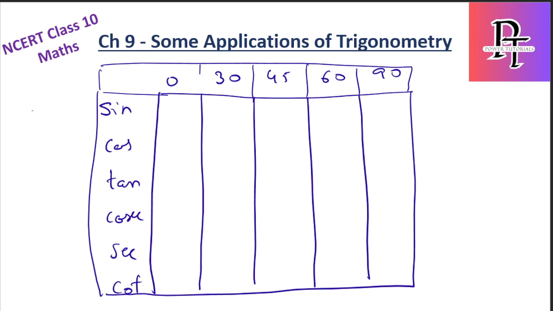Mostly questions will be on these 5 angles only. So these are degrees and these are the trigonometric ratios.